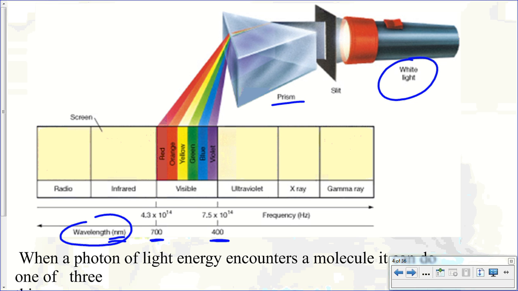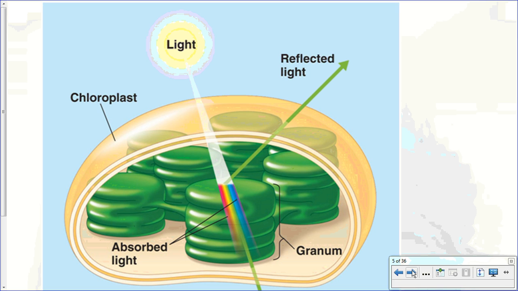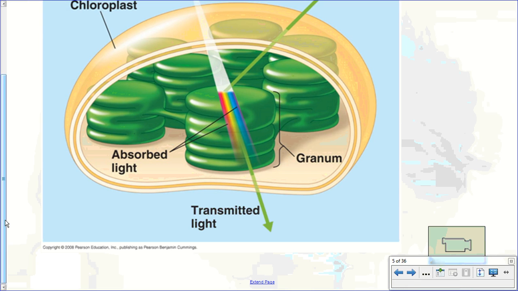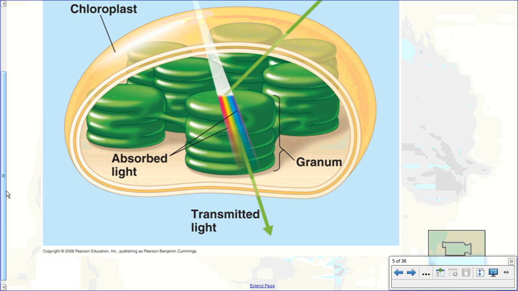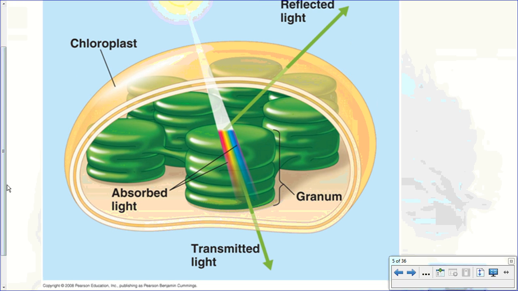So I mentioned that plants are even more specific in terms of the light that they can capture and use for the process of photosynthesis. What we are seeing in this picture is light that is coming in, striking the plant, and of course the portion of the plant that is capturing the light energy is going to be the chloroplast.